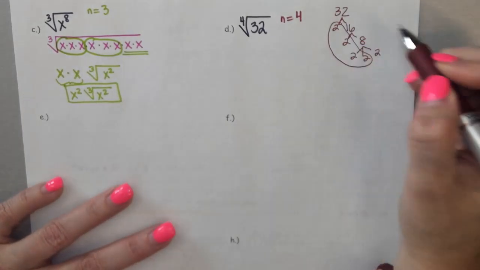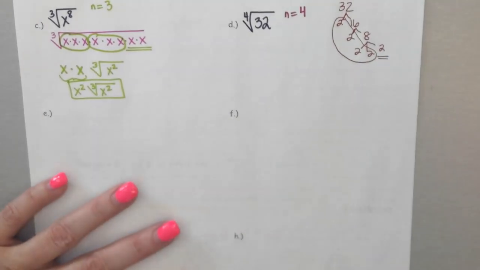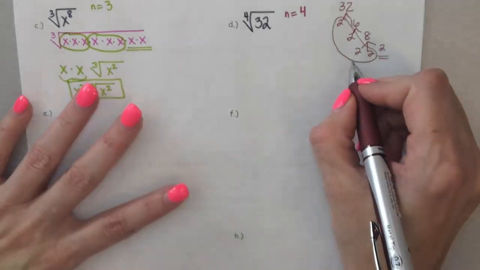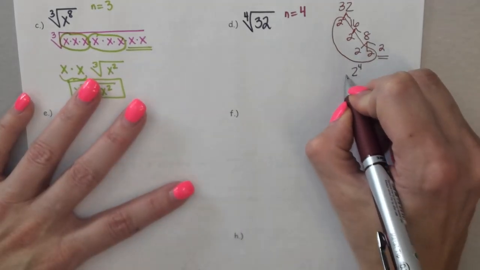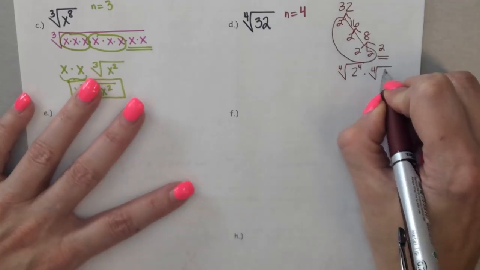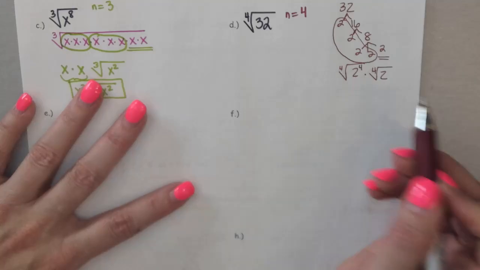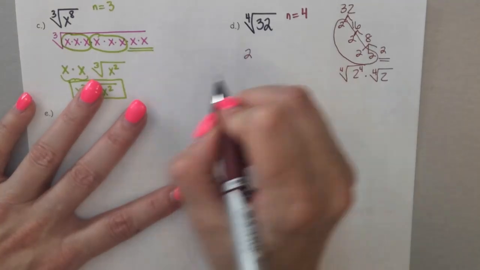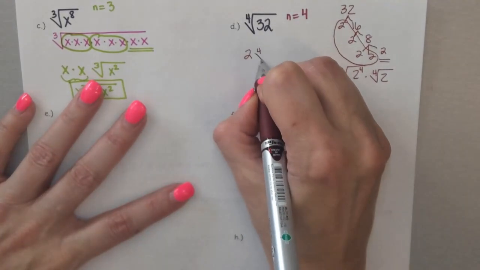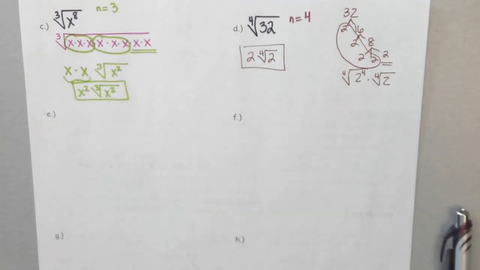So you have one group of 4, and then 1, 2 left. So remember, this group of 4 is 2 to the 4th. So you're doing the fourth root of 2 to the 4th times the fourth root of 2. What happens when you do the fourth root of 2 to the 4th? You get 2, so it'll be 2 times the fourth root of 2. That's how you write your final answer.